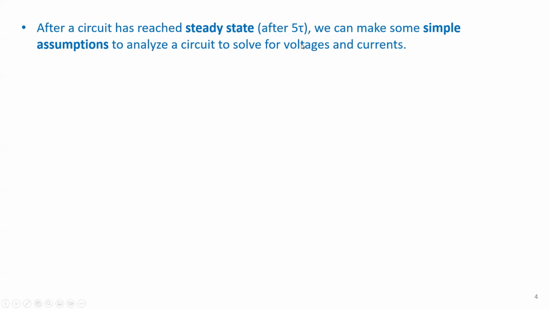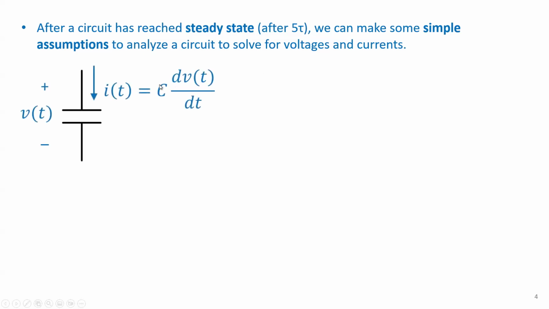And I want to determine the voltages and currents after they've stopped changing. So you'll see in homework problems, find V1 in the steady state, or find I1 at steady state. That's what that means. You have a sudden change, you just wait a while, and then when all the voltages and currents have stabilized, you determine those values.